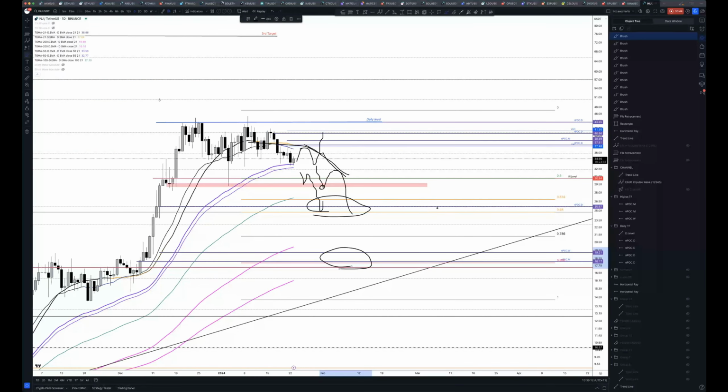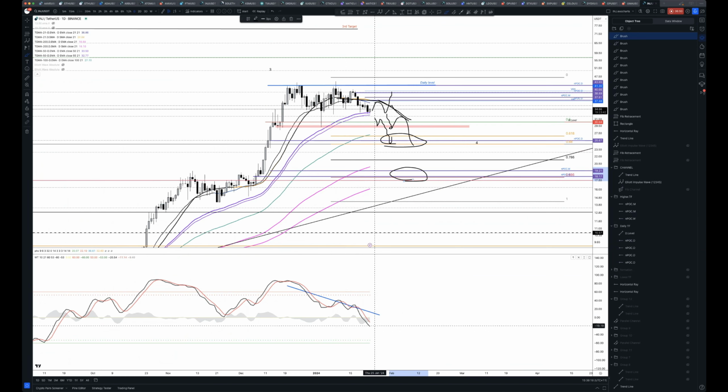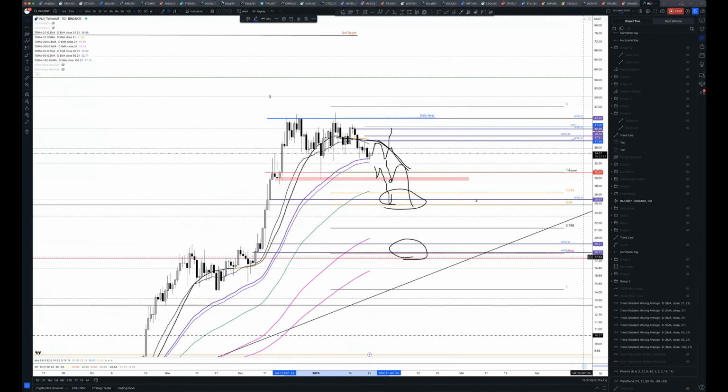Now let's look at indicators. We're looking at this indicator on the daily. There's still a bit of bullish divergence coming in on the daily, but it's not there yet. With this indicator, we want to see a crossover with these signals, and at the moment we don't have that.